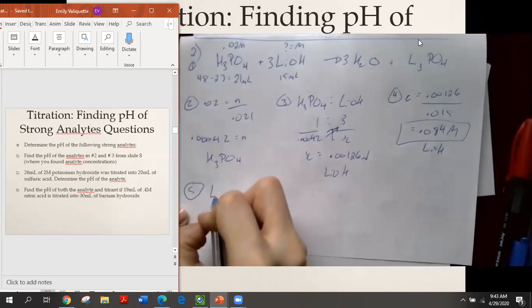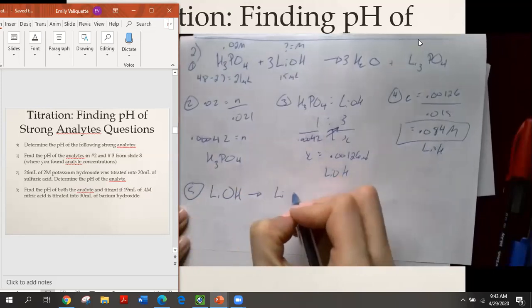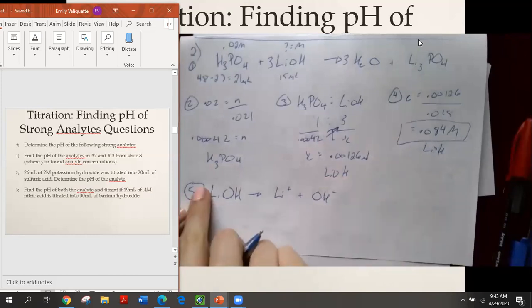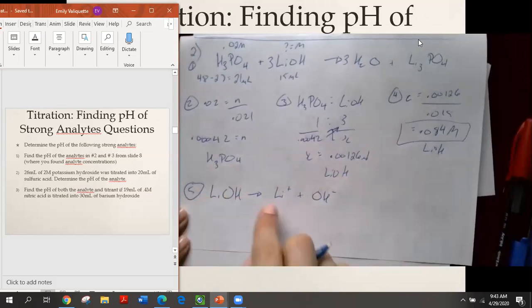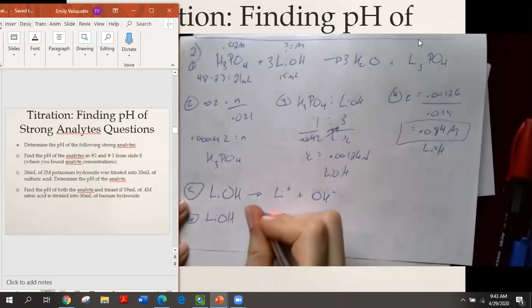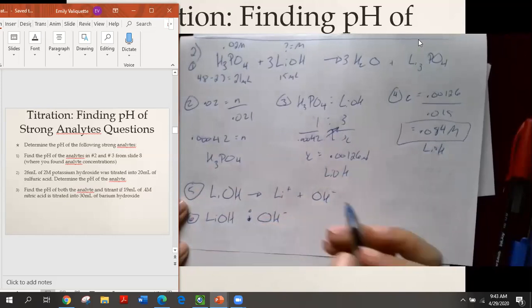Our next step, if it asks us to find the pH of that, would be step 5, where we now write out our dissociation reaction, since it's a base, and this is already balanced. And then our next step would be to set up a mole ratio between the analyte and the hydroxide ions, which in this case would be a 1:1 ratio.